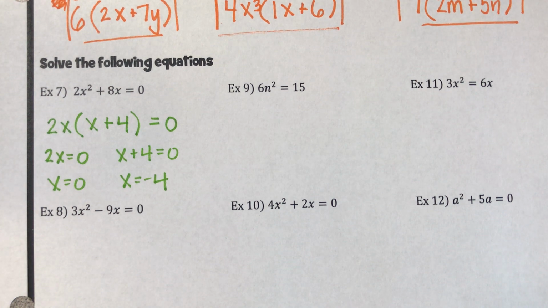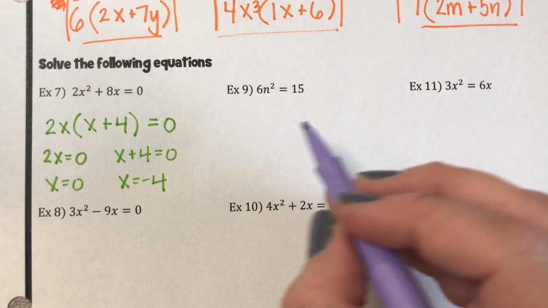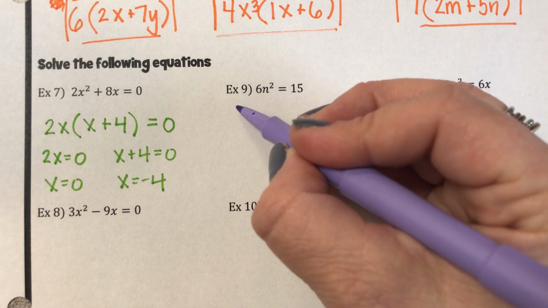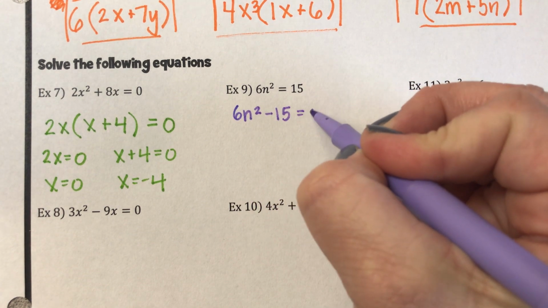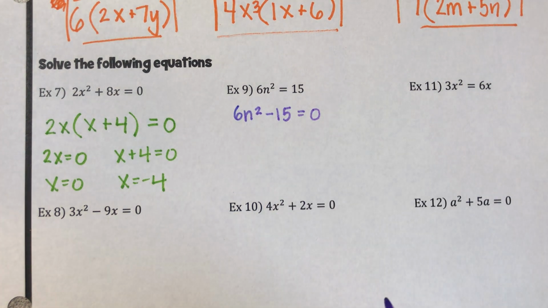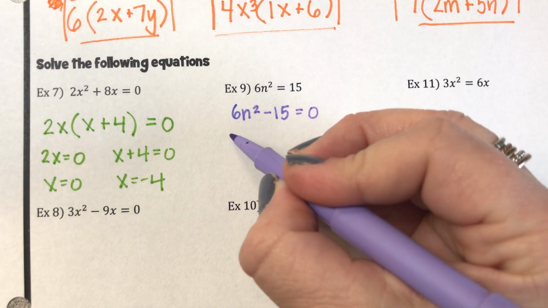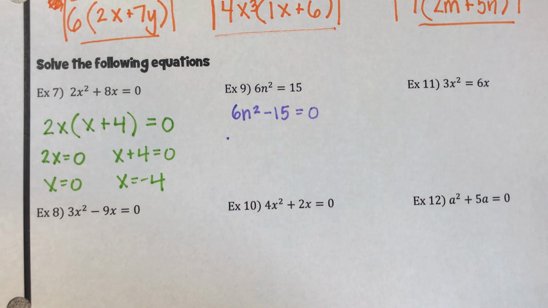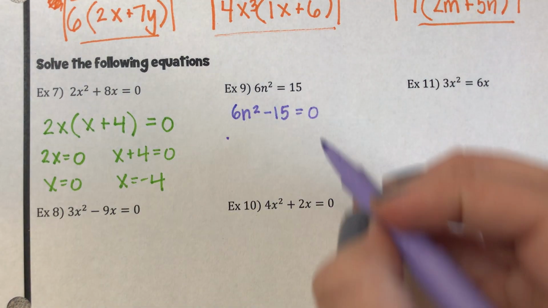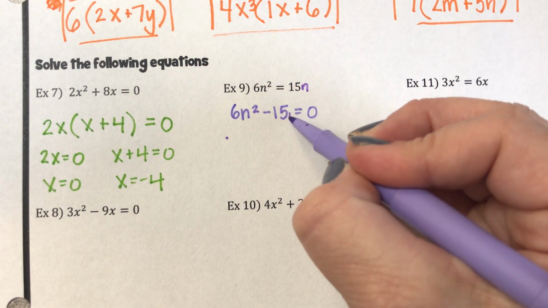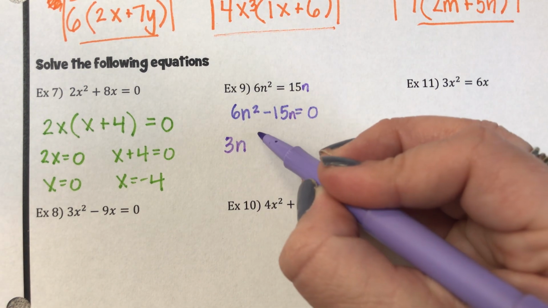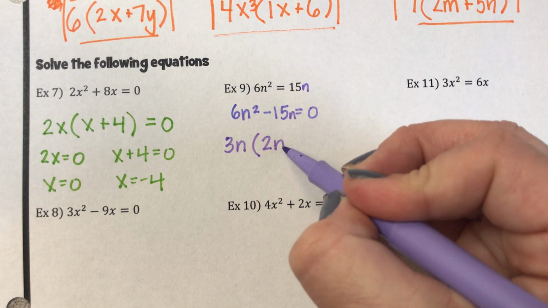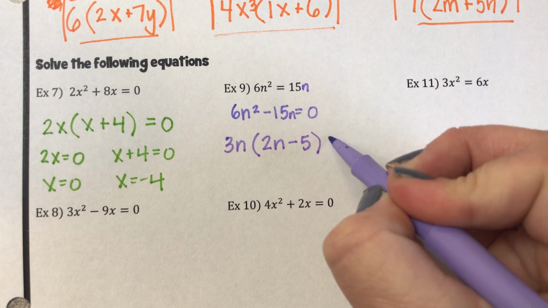Okay, let's look at 9. Well, first of all, they're not even on the same side. It's not set equal to 0, right? So let's do that first. 6n squared minus 15n equals 0. Now, both of these are divisible by 3. Oh, and you know what? This should have an n on it. That's my bad. Add that on there. So they're both divisible by 3n. And what that leaves me with is 2n minus 5.